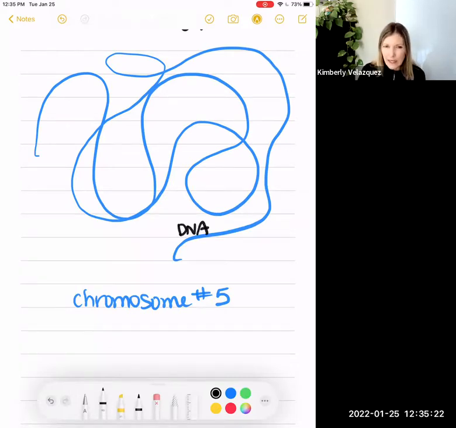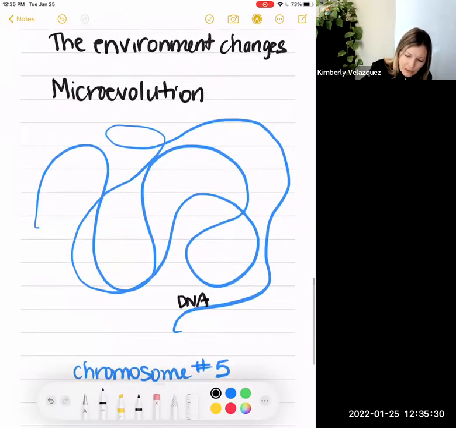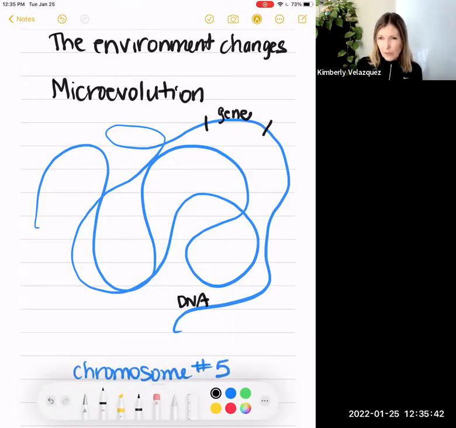And on that DNA, there's a region of DNA that codes for one trait or one protein. And let's call that region from here to here. That region of DNA that codes for one trait or one protein is called a gene. So your gene isn't your whole chromosome, and it's certainly not all of your DNA.